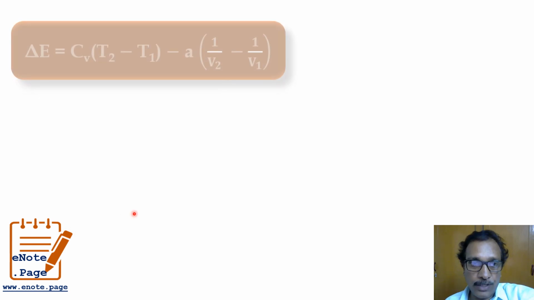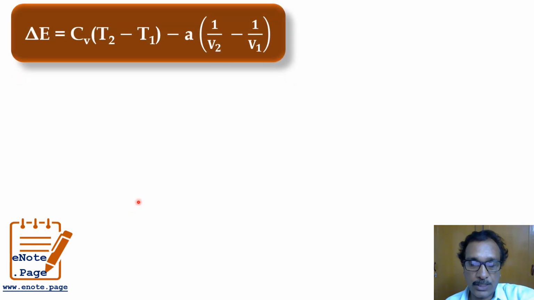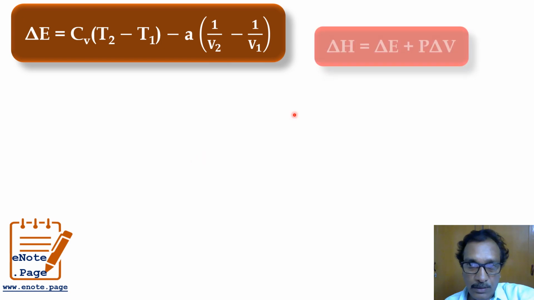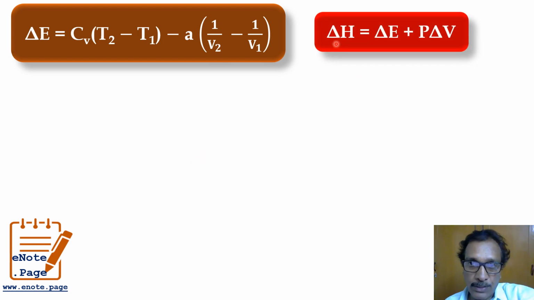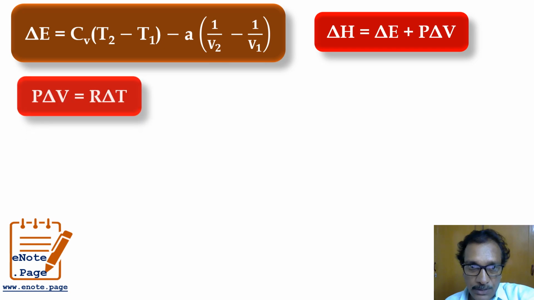Now finally we are going to work out delta H. For this we take the delta E equation that we just derived. We know the relation between delta H and delta E: delta H is equal to delta E plus P delta V. Now we know that P delta V is equal to R into delta T, because P V is equal to RT.